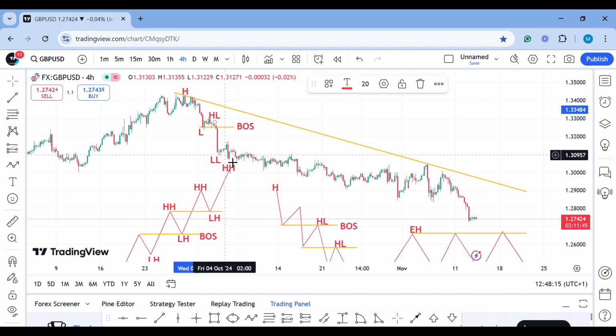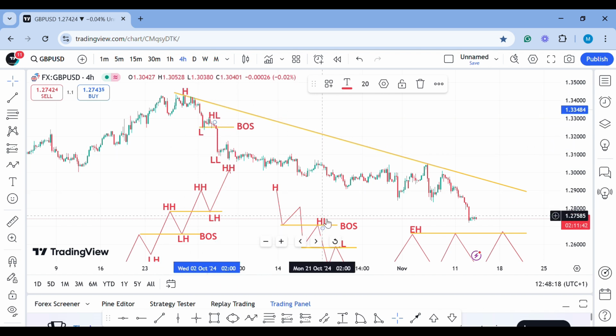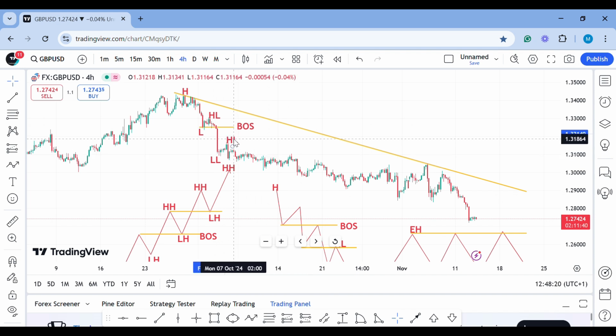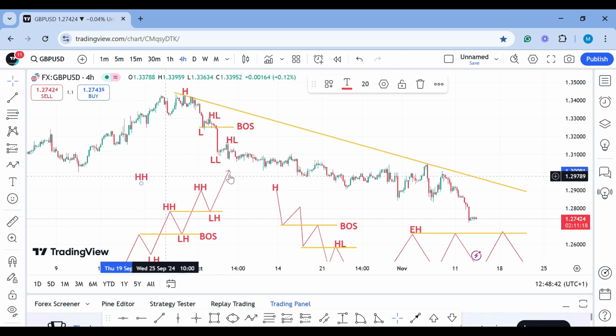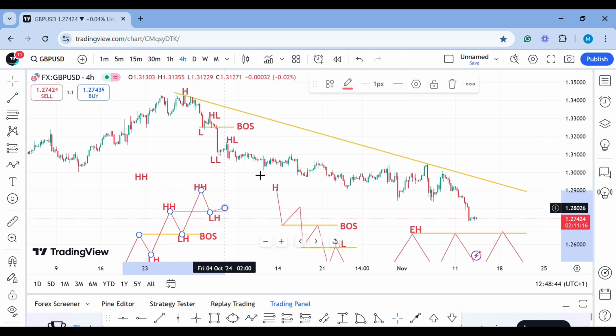The market came back to give us another lower high here, and came back to give us a low here and pushes up again to give us a lower high, which is correctional, before coming back down to this point. You can see this low is lower than this lower high that the market created. So this low is lower than this one.